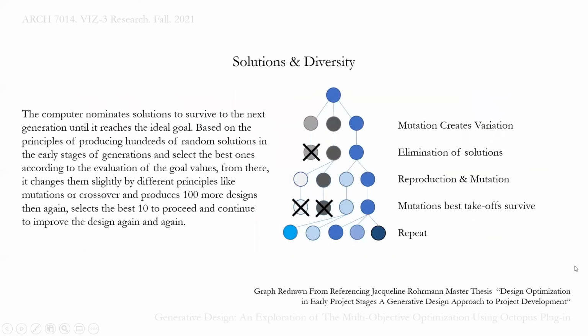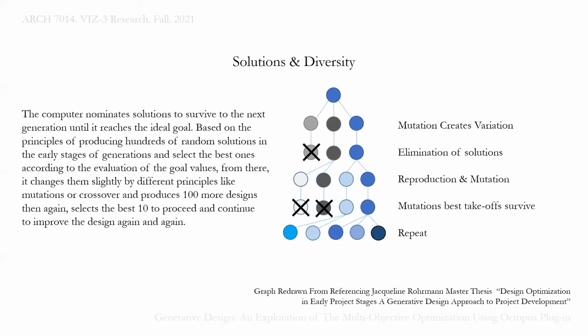So I want to also quickly elaborate on the solutions and diversity. I'm sure you're wondering how it randomly generates solutions. How does the computer choose these solutions and narrow down the solution options, then generate hundreds more, and then narrow down the options and generate hundreds more?